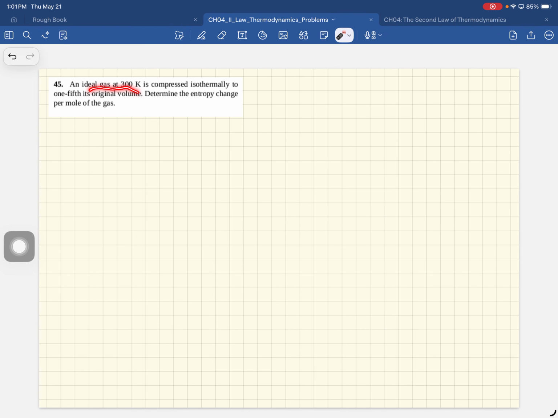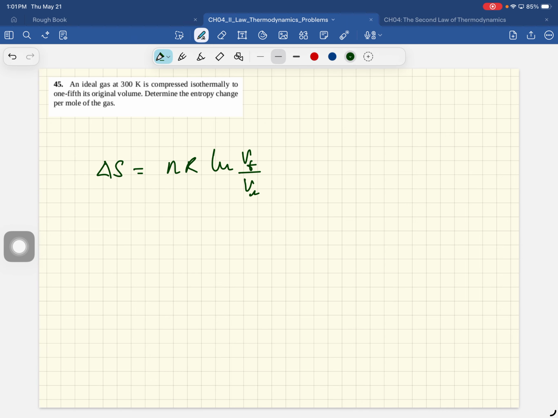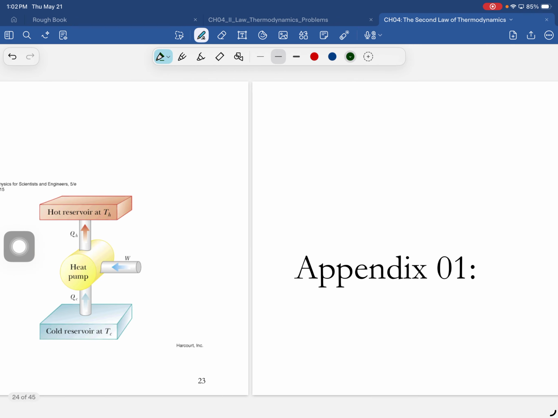What is the entropy change of 10 grams of steam at 100 degrees Celsius when it condenses to water at the same temperature? So change in entropy is heat absorbed divided by the temperature. But when you go from steam to water, all right.